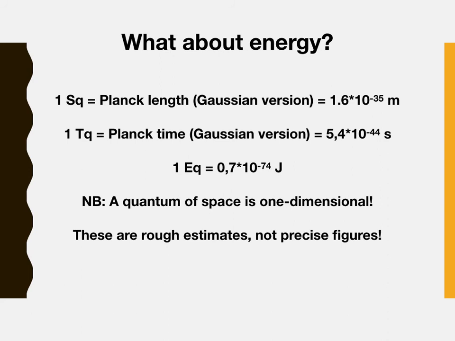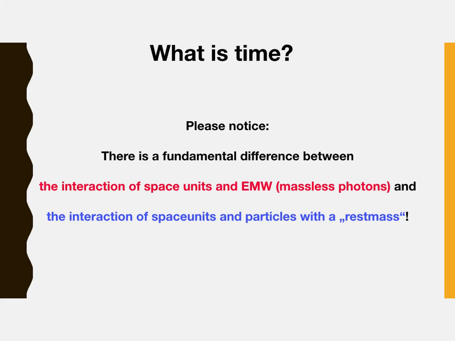Of course, these are not precise figures, they're rough estimates based on a redshift parameter of 2, which of course is not very precise. Please notice that we've now talked about the interaction of a photon and a space unit. The interaction of space units and particles are different. We'll talk about that later.